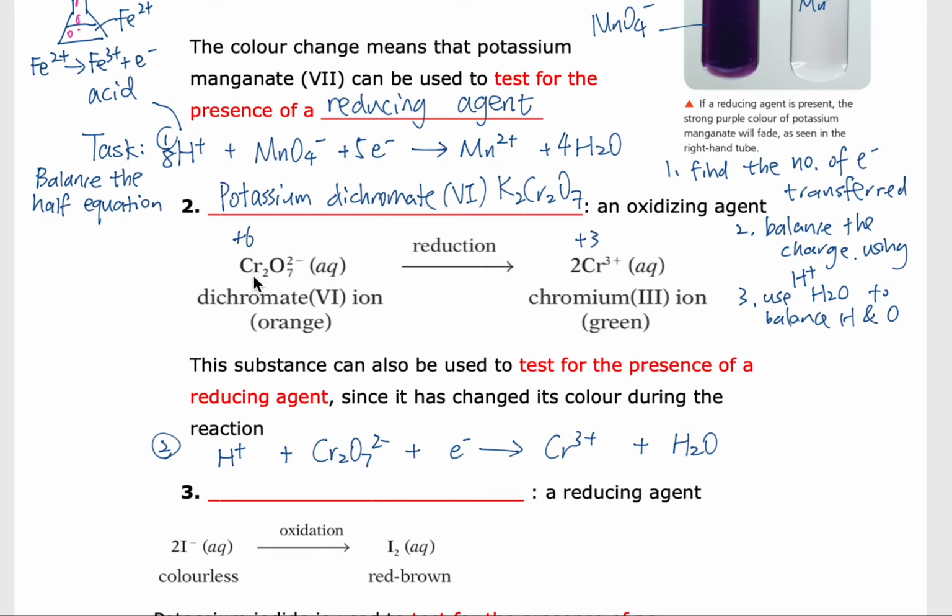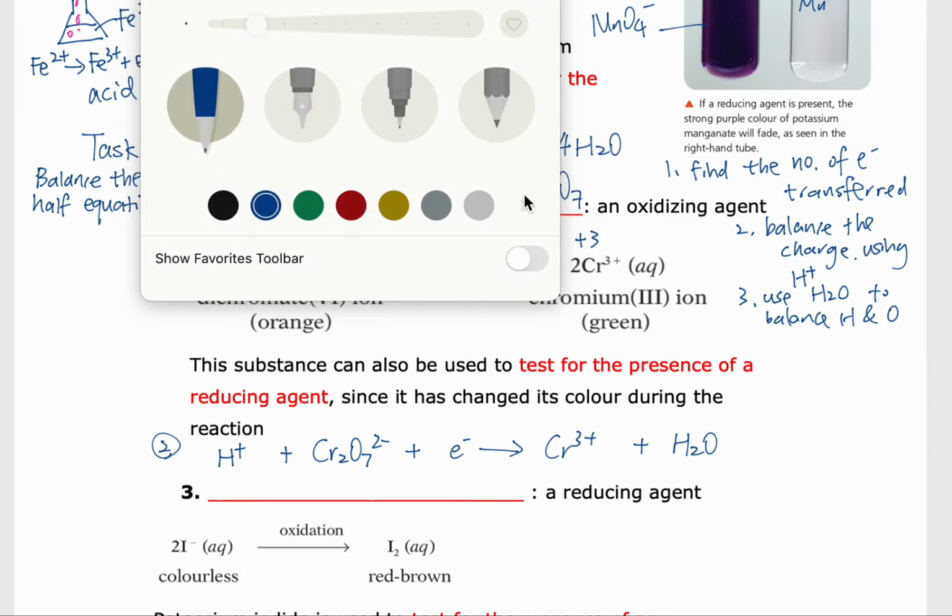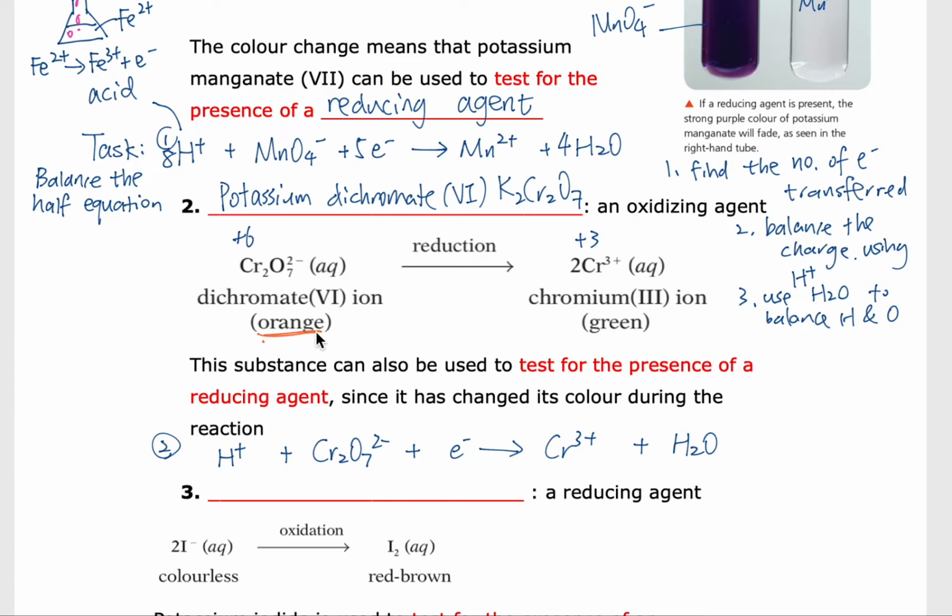So each Cr should gain 3 electrons from others. It's able to grab 3 electrons from others. It's a good oxidizing agent. Again, it's followed by a color change. When it's dichromate 6 ion, it's orange. But when it's reduced to chromium 3 ion, it turns to green.